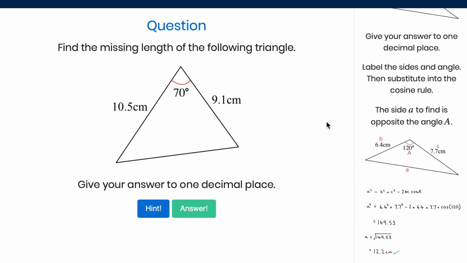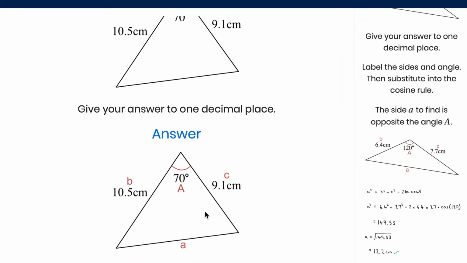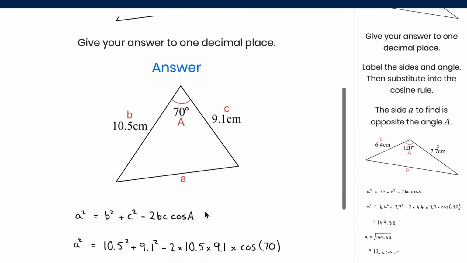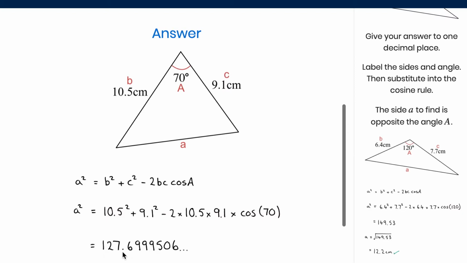Okay, so here is the answer. First label the sides and angle, then substitute them into the cosine rule. So a squared equals b squared plus c squared minus 2bc cos A becomes a squared equals 10.5 squared plus 9.1 squared minus 2 times 10.5 times 9.1 times cos of 70, which when entered straight into your calculator gets you an a squared of 127.6999506.